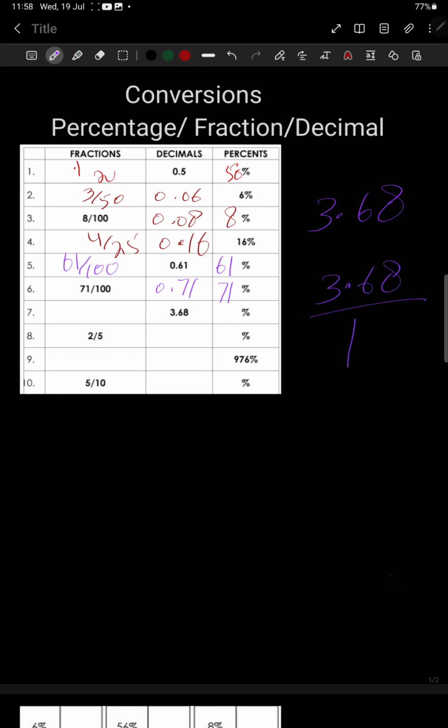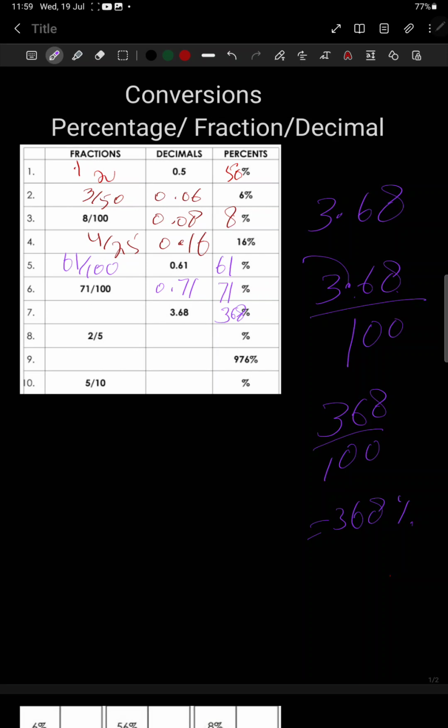Nothing in the denominator, so I will write 1. Now remove this decimal. After the decimal there are 2 numbers, so it is 100, two numbers so 2 zeros. So the number now I have is 368 by 100. So obviously it is 368%. So it will be 368 over here.